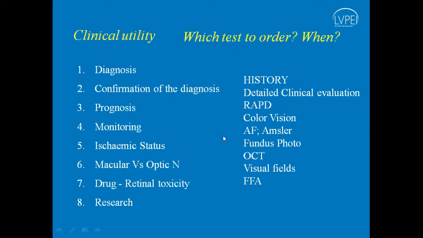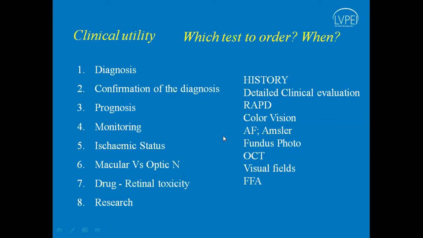Differentiating between macular and optic nerve pathology: not isolated macular pathology, but you have a case with very subtle disc pallor and subtle RAPD. You are not sure whether it is optic nerve or macular pathology. The disease is at neither end, neither purely macular nor purely optic nerve. The symptom, sign, and appearance are a bit confusing.